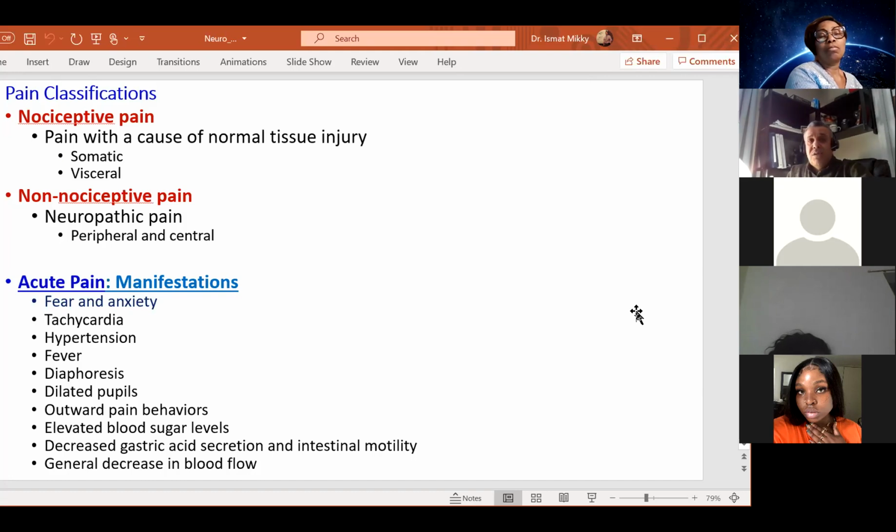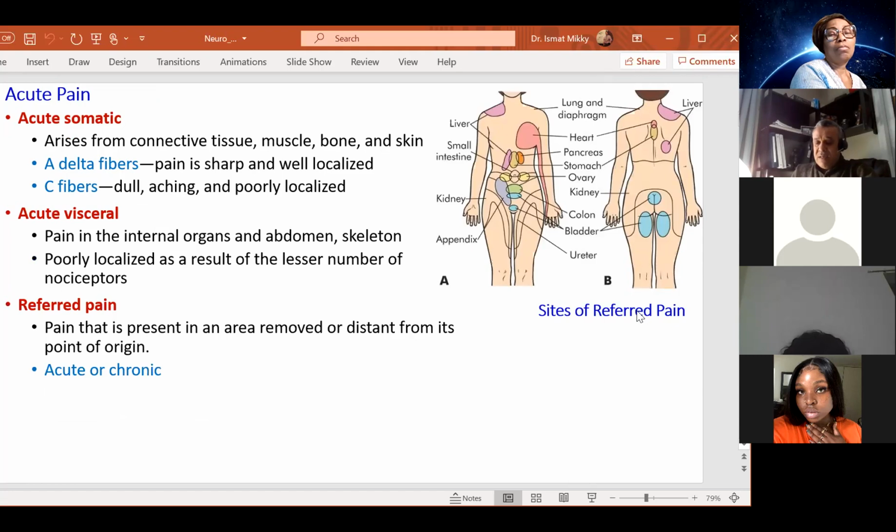And patients with PAD, peripheral arterial disease, will also have both somatic and neuropathic. The manifestations are listed here, and I'm pretty sure that you will cover that in the didactic 1, 2.